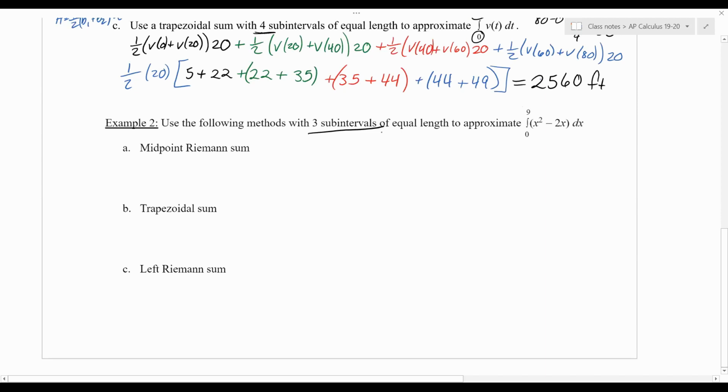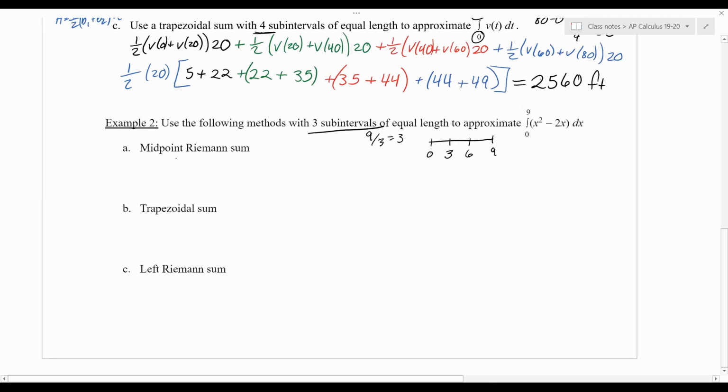So if we have 3 subintervals, 9 minus 0 is 9. 9 divided by 3 is 3. So we're going to have from 0 to 9, 3 intervals, and it will be spaced every 3 numbers. So 0, 3, 6, 9.